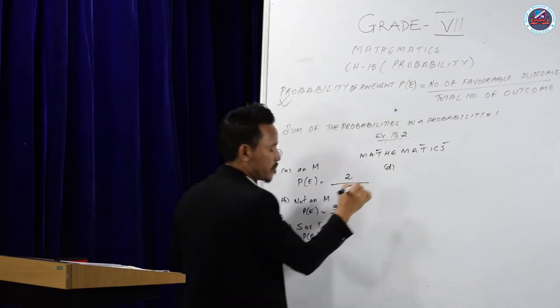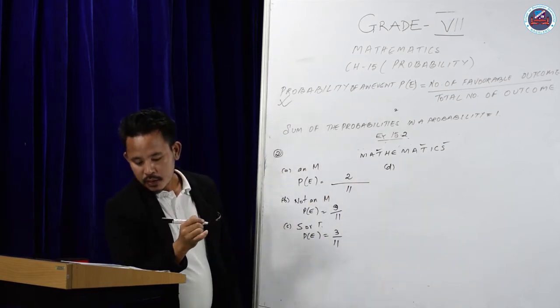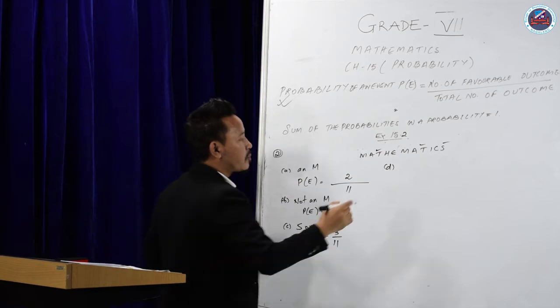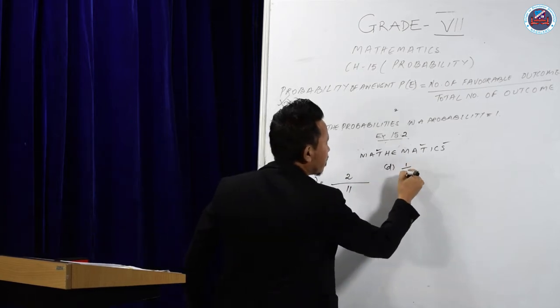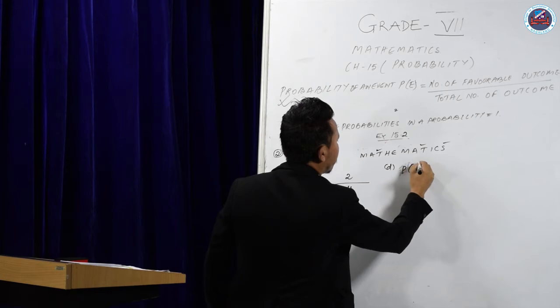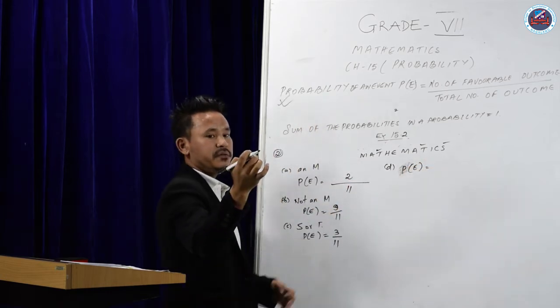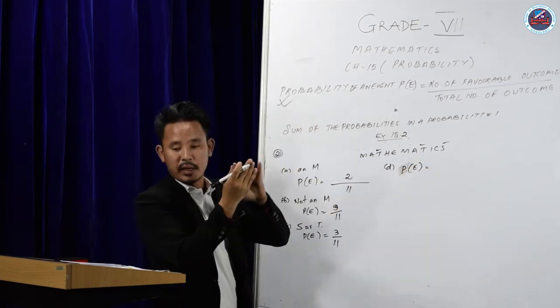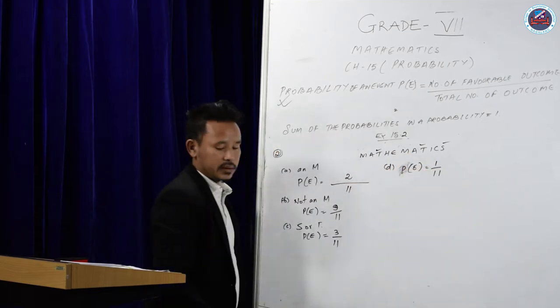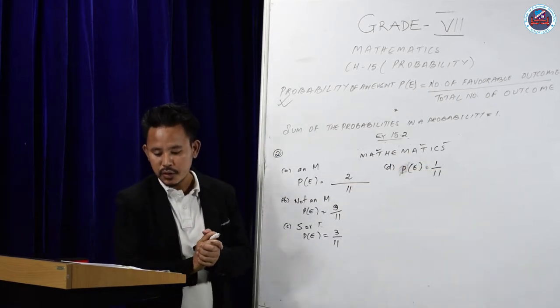Number D. Before J in the alphabet. The probability of the event: A, B, C, D, E, F, G, H, I. Right? So that is 9 upon 11. That is for your question number 2.